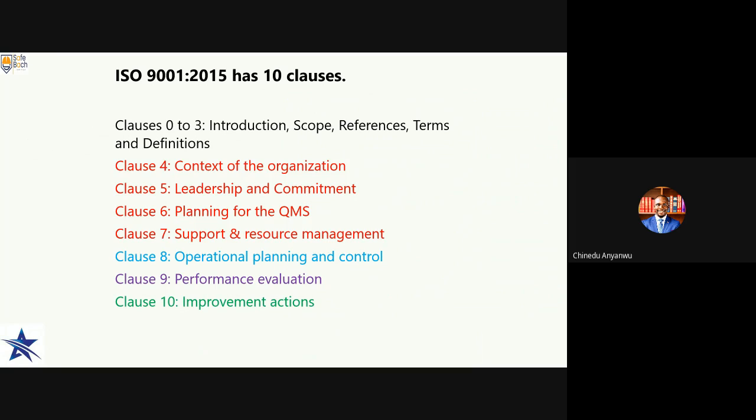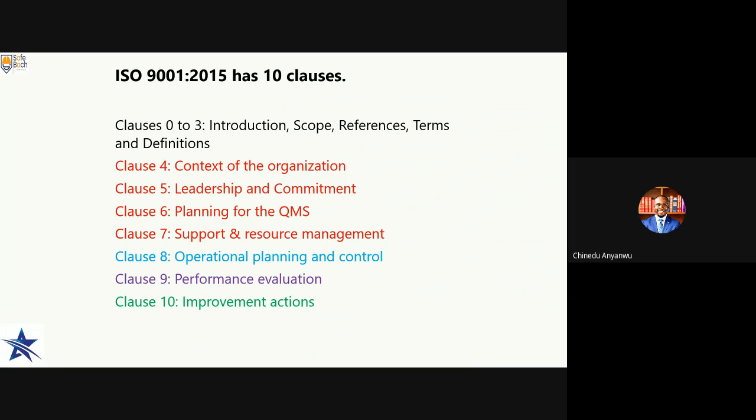Previously we have looked at one of the sub clauses of clause 4, which was how to manage interested parties. If you missed that training, you simply send us an email, and then we are going to share with you the link to that training.